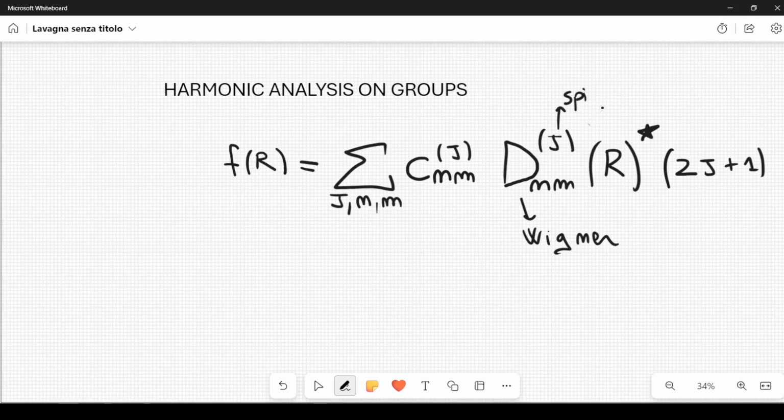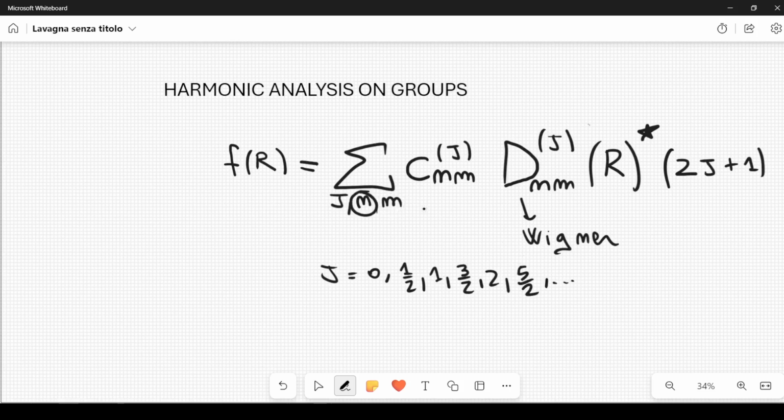So you might have a representation for spin 1/2, you might have another representation for spin 3, and so on. So j will take all the values which are multiples of half integers. So you start at 0, then you have 1/2, you have 1, you have 3/2, you have 2, you have 5/2, and so on. So you get the idea.